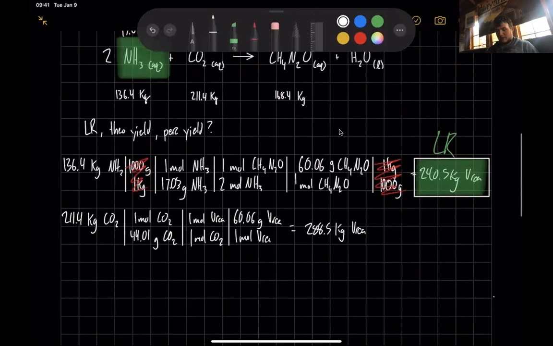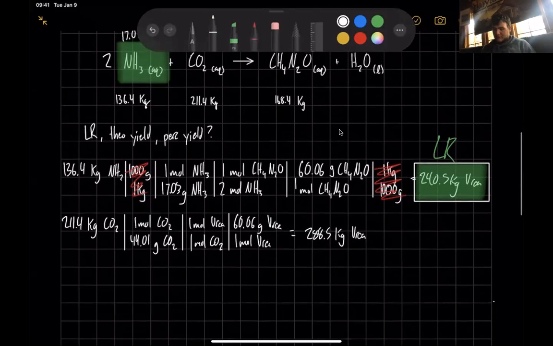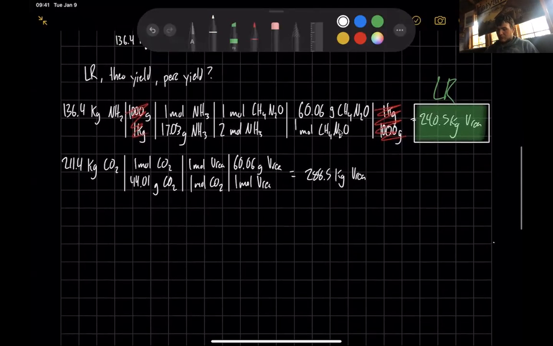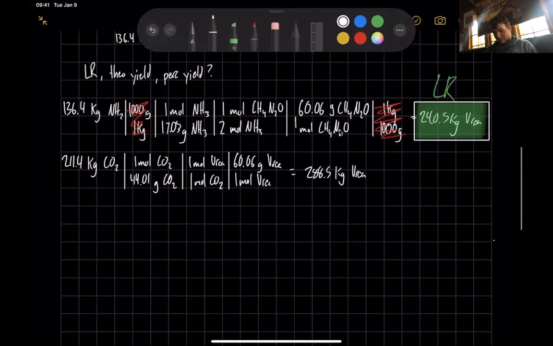Last question is the percent yield. To find percent yield, you calculate the actual yield divided by theoretical yield times 100, because we're going to percent, equals the percent yield.